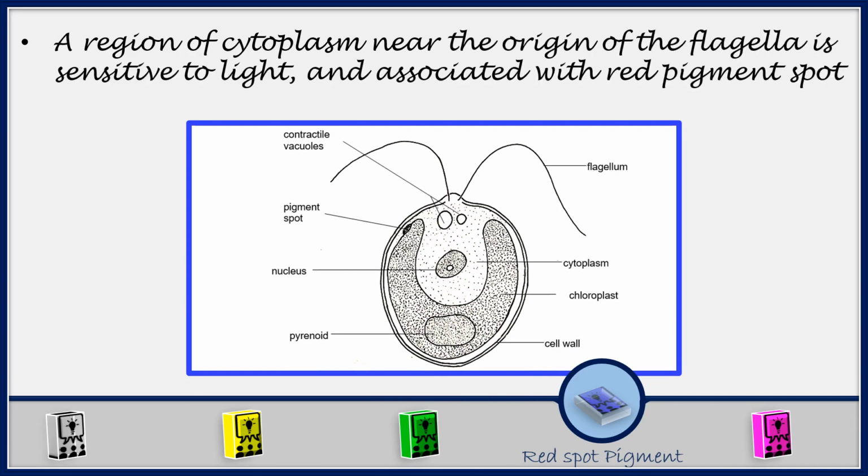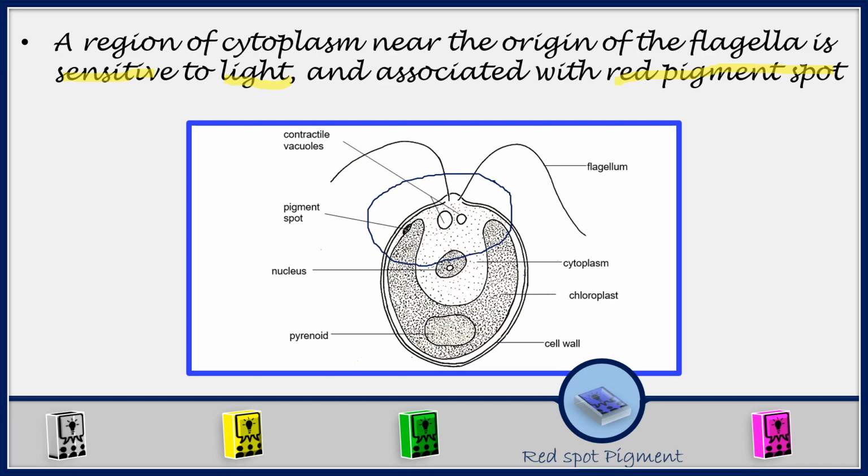A region of the cytoplasm near the origin of the flagella is sensitive to light and associated with a red pigment spot. So the area that we are talking about is near the origin of the flagella, this area here.